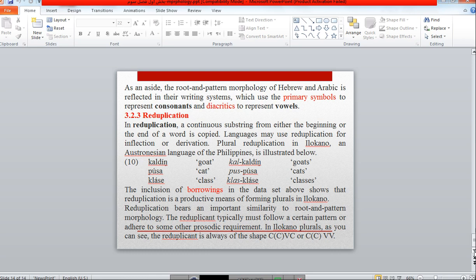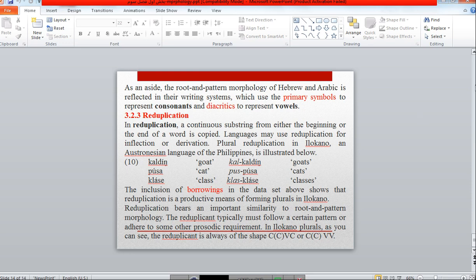McCarthy remains one of the most influential studies of root and pattern morphology, and is a good starting point for further exploration of the phenomena. And the third one is reduplication, which I will talk about in the next session.